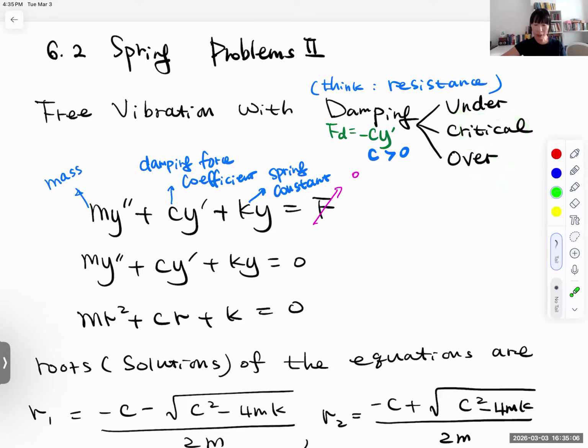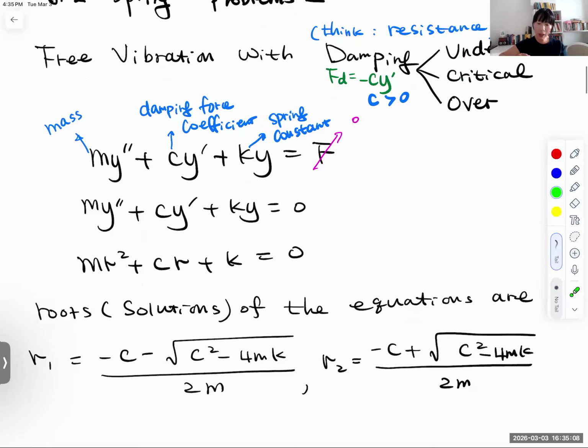All right, so let's take a look. We have this formula from the previous section. We make the force equal to 0. That means the motion is free, then F equals 0.